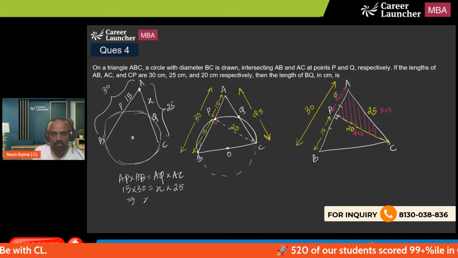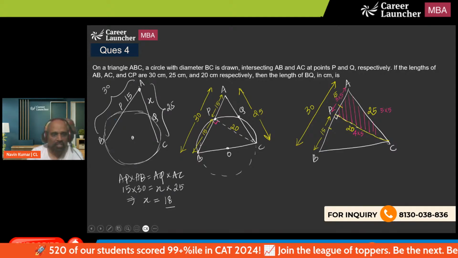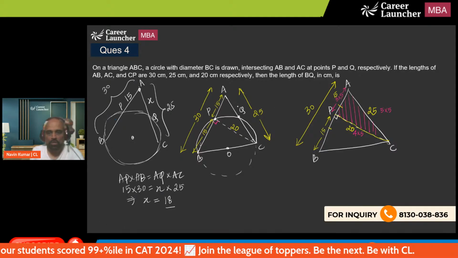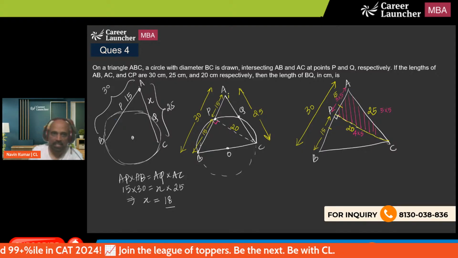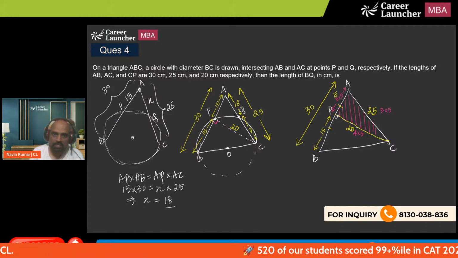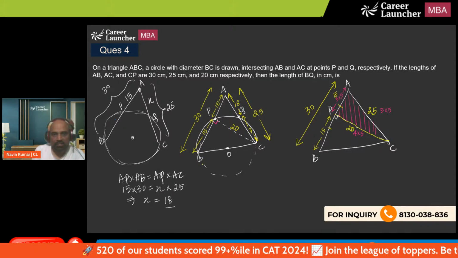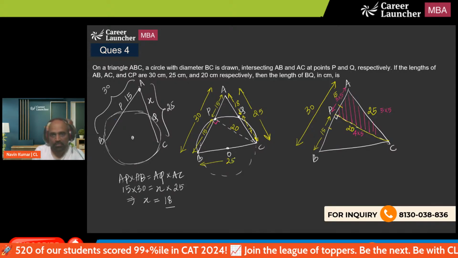So from here, we will get the value of X as 18, I believe. 5, 3, 6, 18, right? So what we get here is AQ is 18. So that would mean this is going to be 7. This is 7. This is 25.